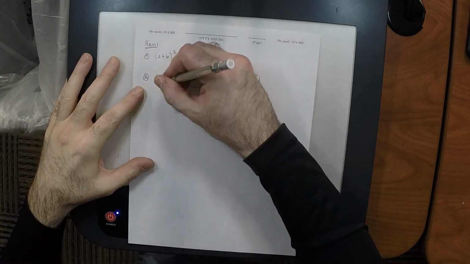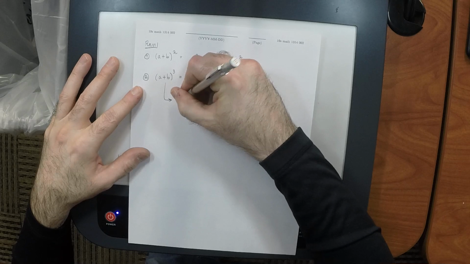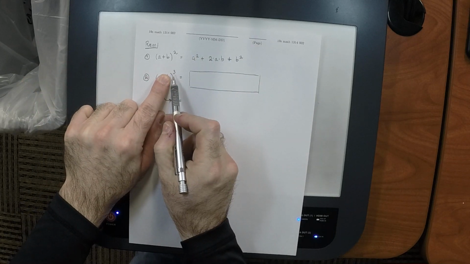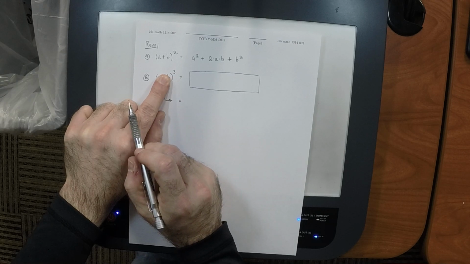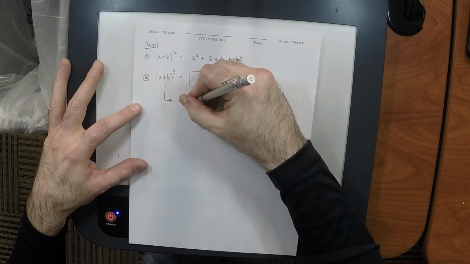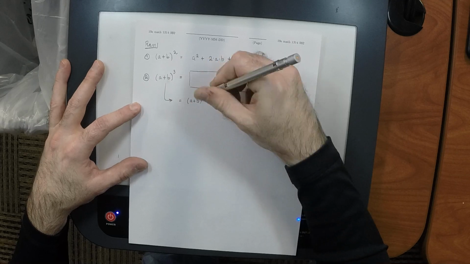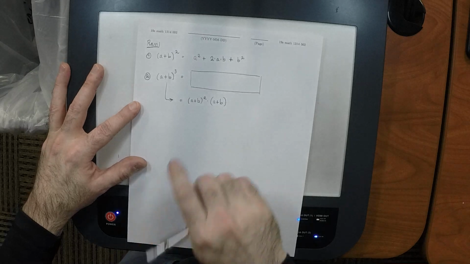Well, here I think is probably the best way that we have currently available to us. I could say that, well, remember that that thing cubed means make 3 copies of that and multiply them all together. Also, because of the rules of exponents, we can say that it means a plus b squared multiplied by 1 more a plus b, right? That's what it means.